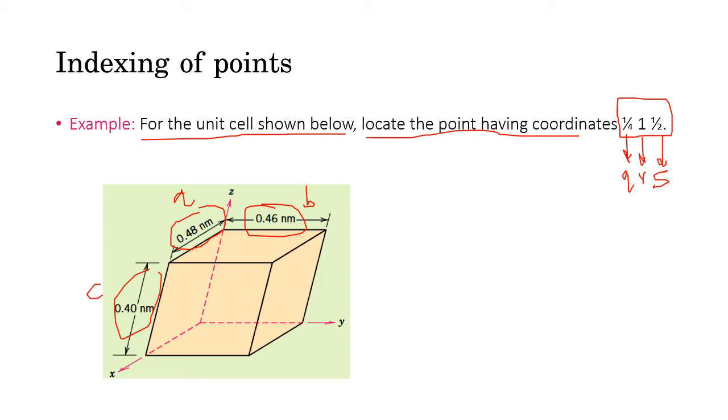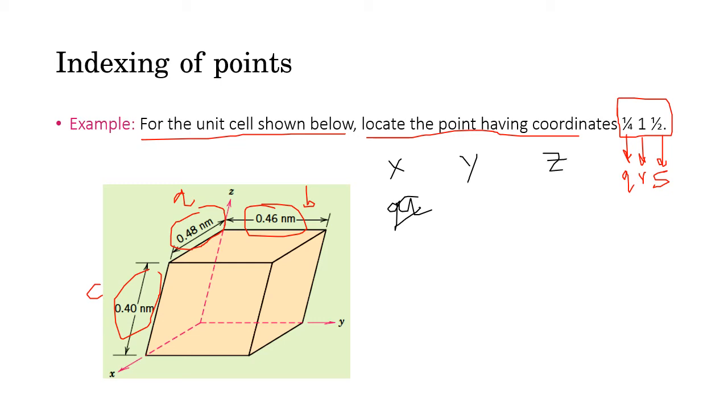To locate the point, we should calculate QA, which will give you how much we have to travel along x-axis. Similarly, we want to find out how much we have to travel along y-axis and along z-axis.